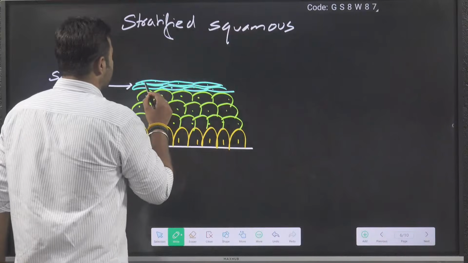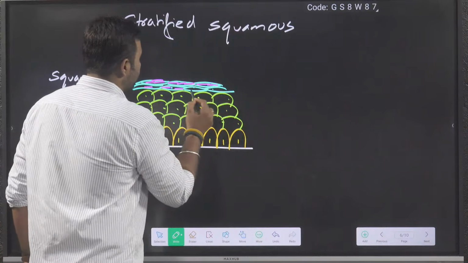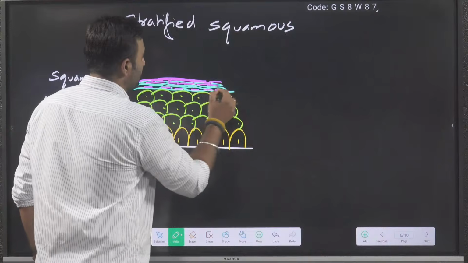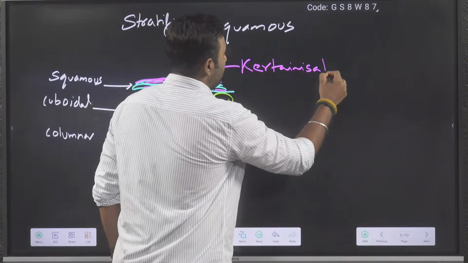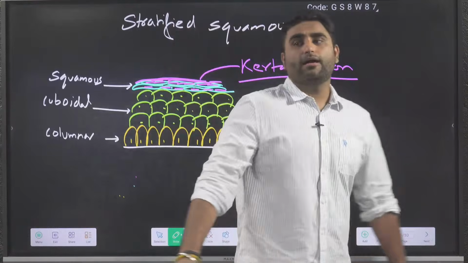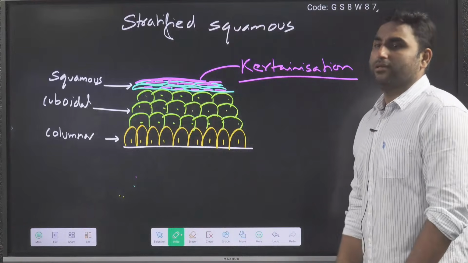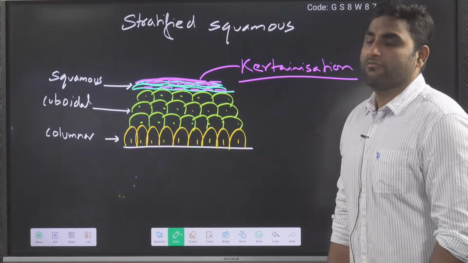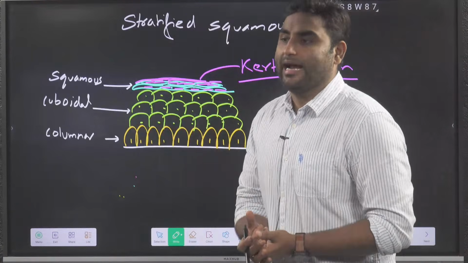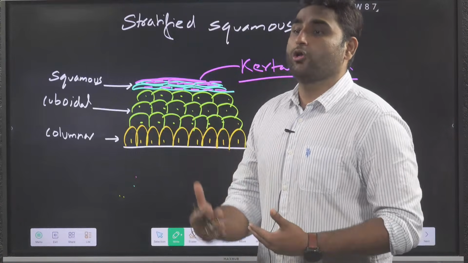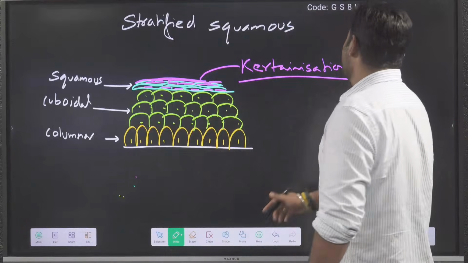So in stratified squamous keratinized epithelium, keratin will be filled. Keratinization will occur. It means that the squamous cells will start producing keratin.